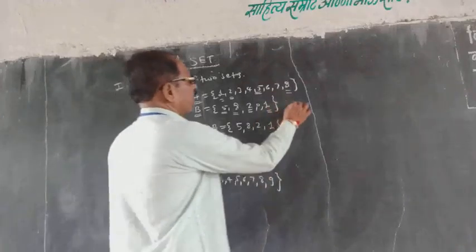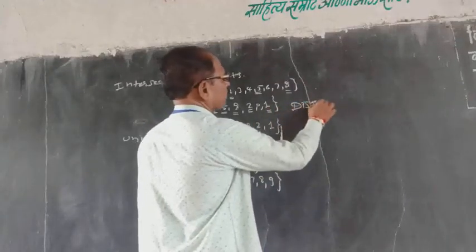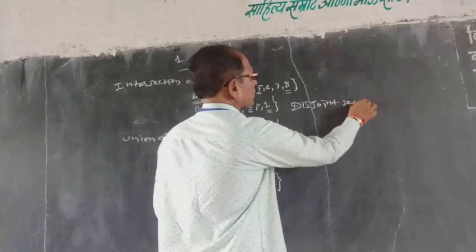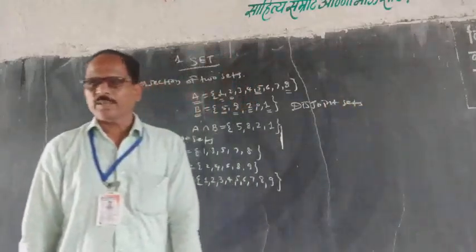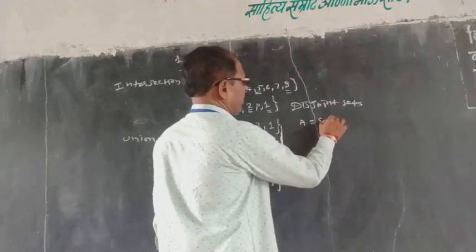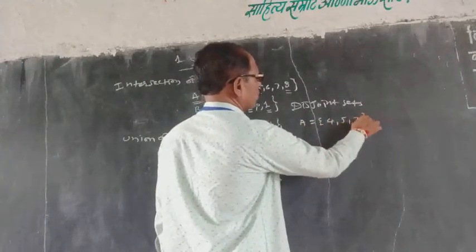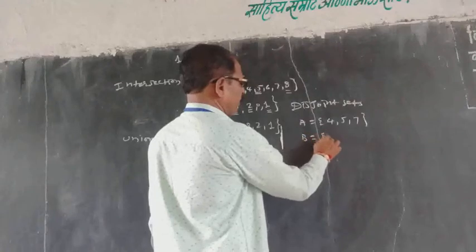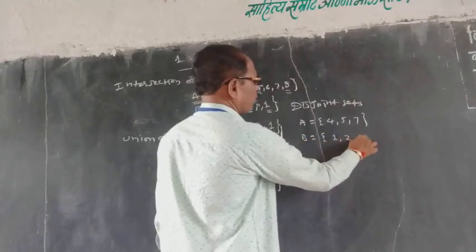We can study disjoint sets. Disjoint sets means, suppose in set A there are 4, 5, 7 and in set B there are 1, 2, 3.